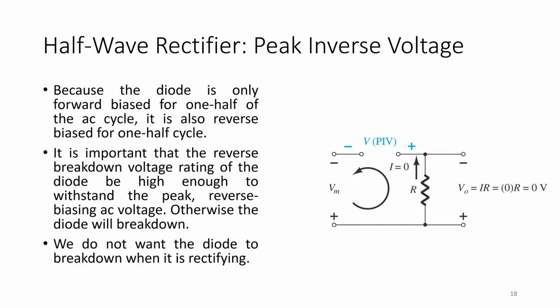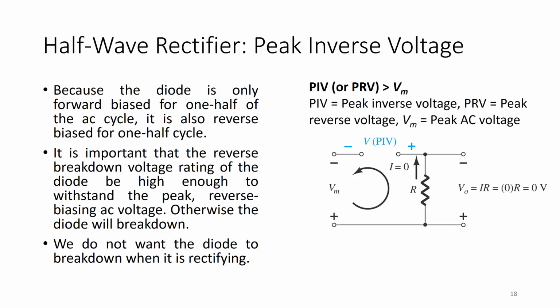So there is such a thing that we call peak inverse voltage, or some books call it peak reverse voltage. We need to calculate what the peak inverse voltage is for our application.